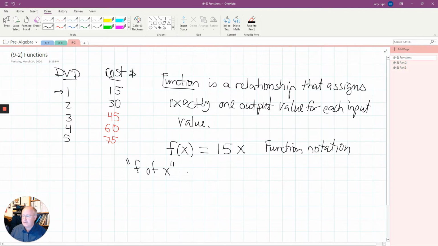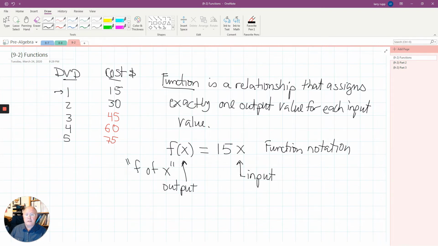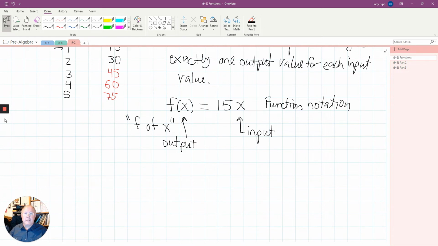And this is the output of your function, and the input is this guy. In this case, the input can be any real number, even 0, because if you don't buy any DVDs, then how much does it cost you? $0. So that works.